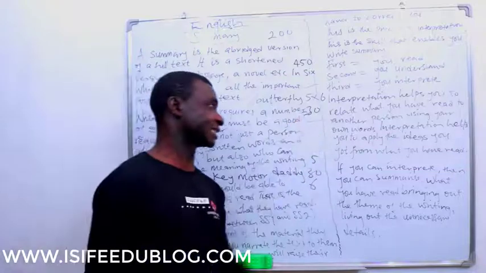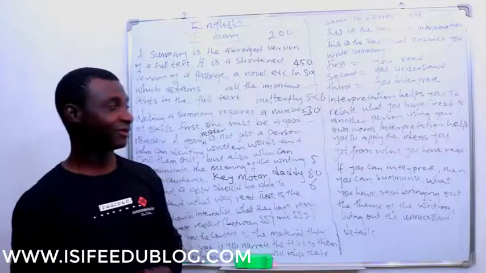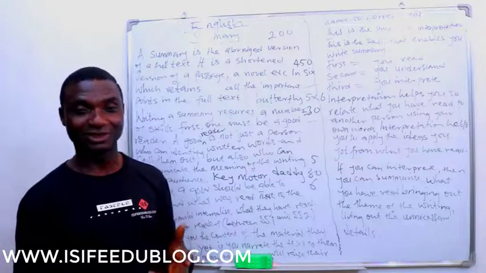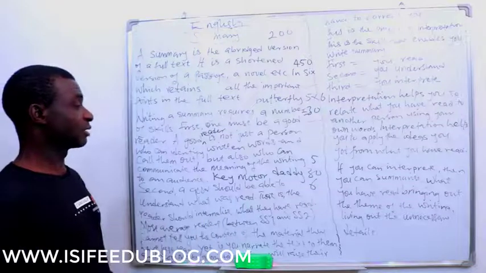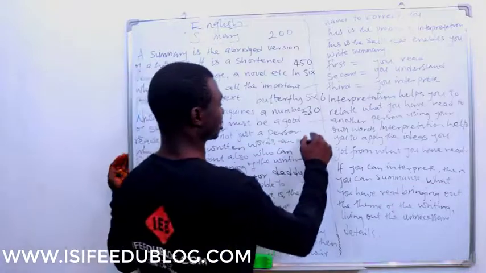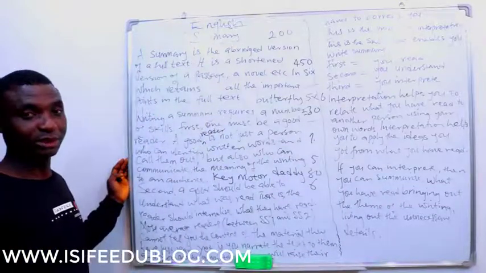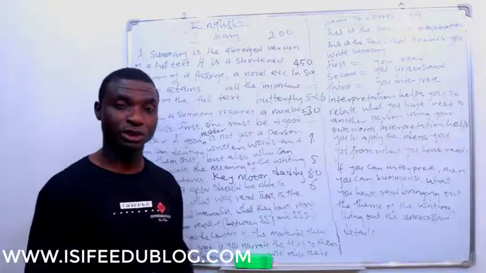Each of the 6 sentences you make guarantees you 5 marks. Some of the objective questions carry as little as 1 mark, but a sentence in your summary gives you either 5 or 6 points.